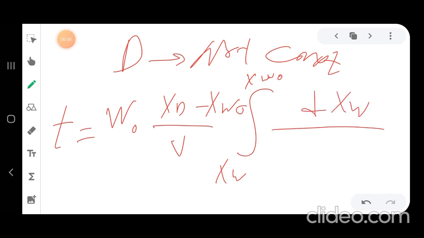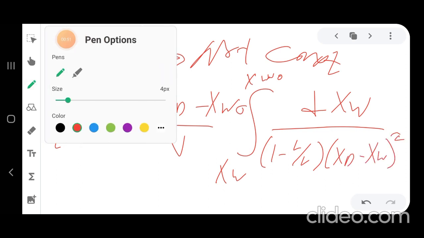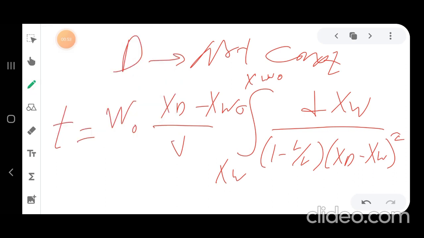dxw over 1 minus L over V times xd minus xw, whole squared. So let's go over this equation term by term. W naught is the initial quantity of liquid in the still pot. xd is constant, so it is the constant distillate composition that we have.